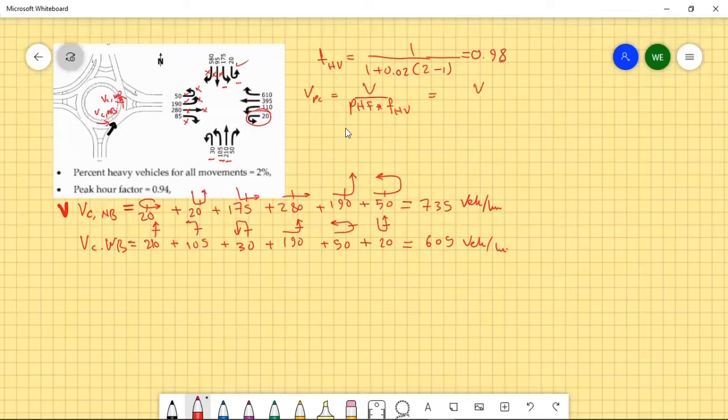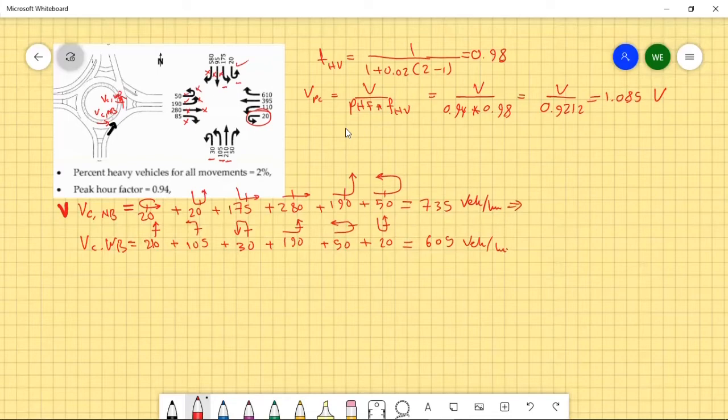So now we have volume divided by 0.94 multiplied by 0.98, equals V over 0.9212, equals 1.085 multiplied by V.